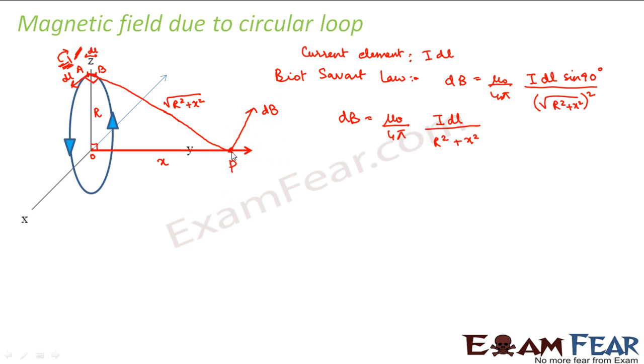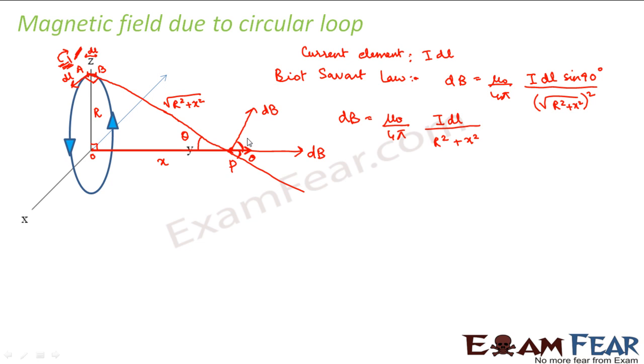So this dB can be resolved into two components, that is dB cos theta and dB sin theta. Let us suppose this angle is theta, in that case this angle will also be theta, right? So what will be this other angle?